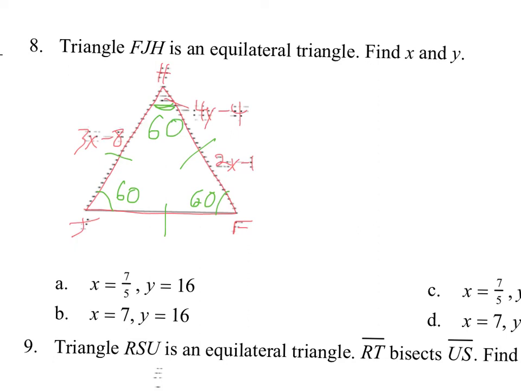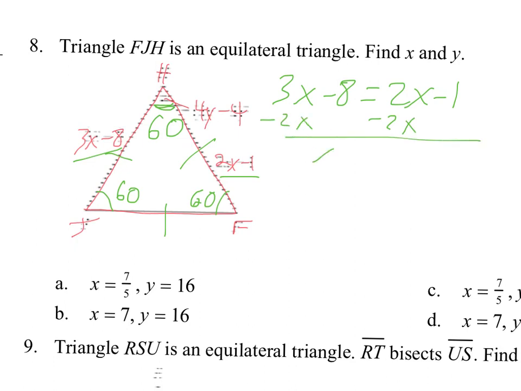So to solve for x, this side is congruent to this side, which means 3x minus 8 is equal to 2x minus 1. Subtract 2x. Add 8. And x equals positive 7, which eliminates A and C as an answer choice.